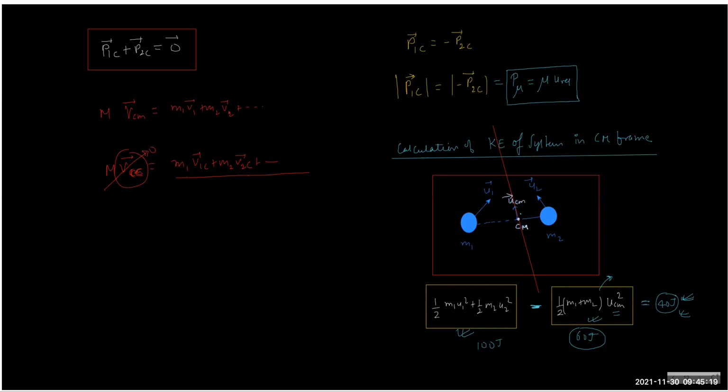Sometimes intuitively we feel that if energy is lost, then why is the momentum not lost? The answer is that the momentum is carrying only a fraction of the energy, not all of it. So you cannot lose energy more than the difference. You cannot lose energy in the process of collision more than 40 joules.